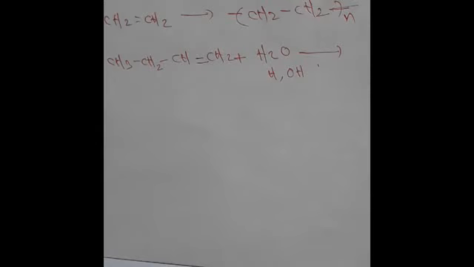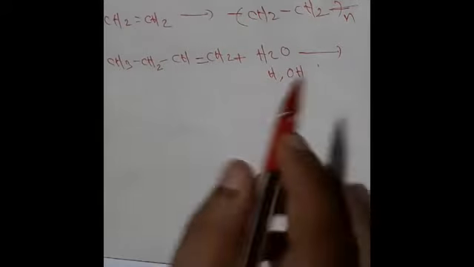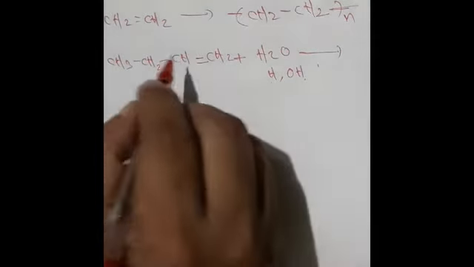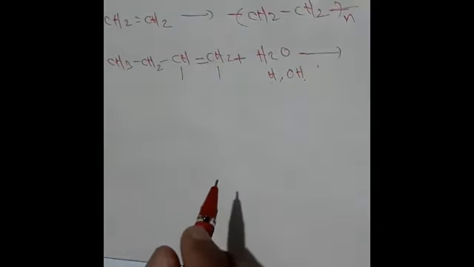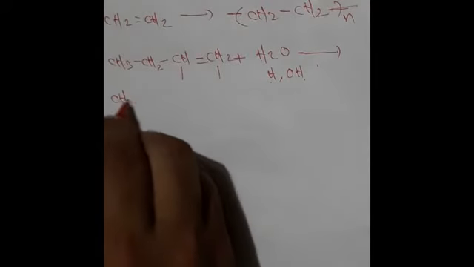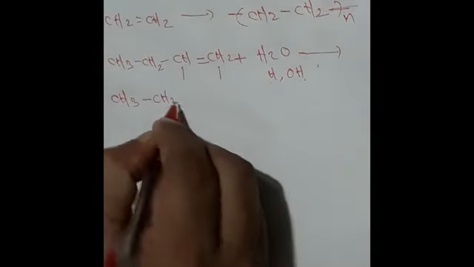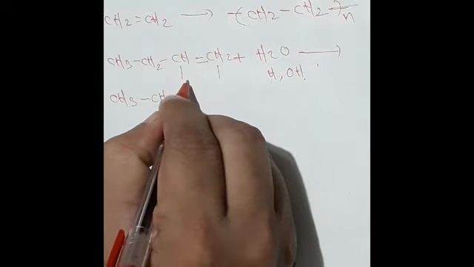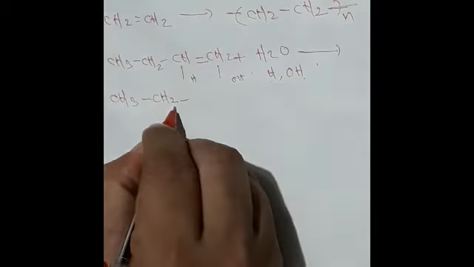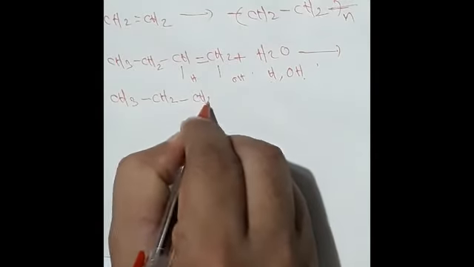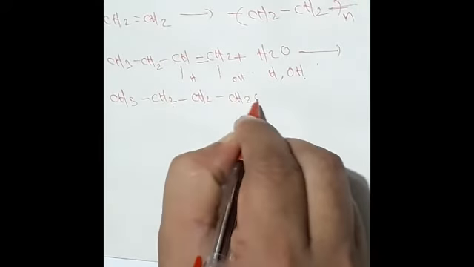Okay, so here butene reacted with steam. What will be the product? Butanol. H2O means hydrogen and OH. You can draw hydrogen here, OH over here, or a different way. So CH3, CH2, CH changes to CH2, CH2, OH.